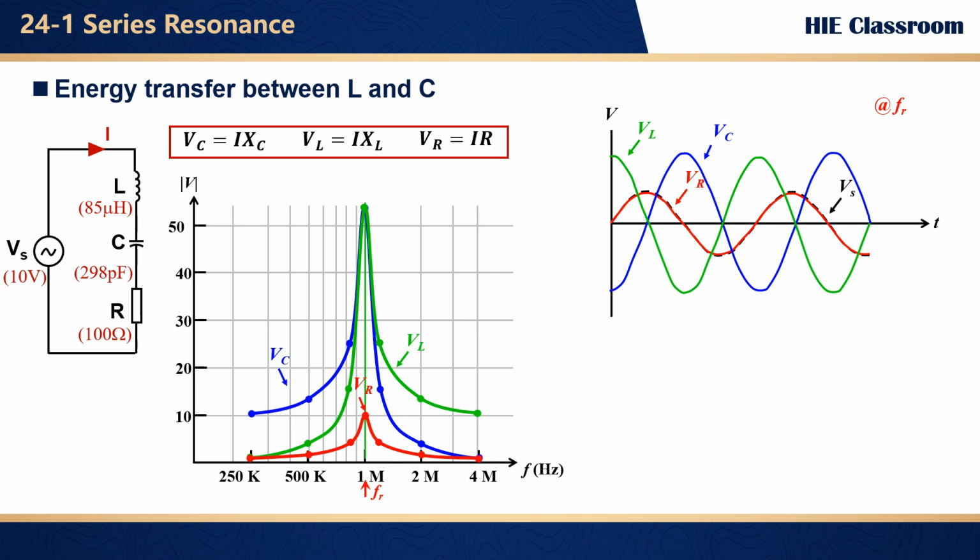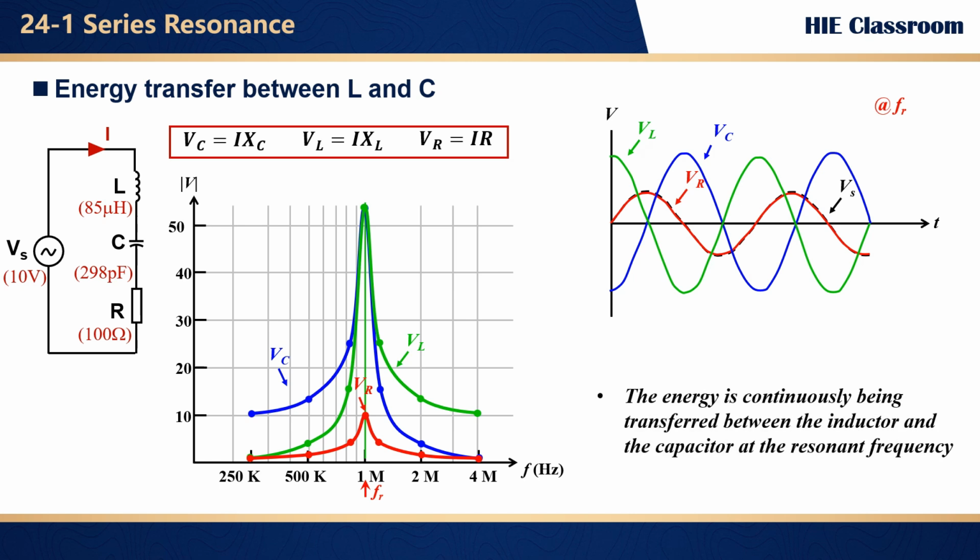What's all this telling us? There's energy bouncing around in these resonant circuits. Under resonant frequency, that energy is constantly bouncing back and forth between the inductor and the capacitor. The inductor stores energy in its magnetic field, then hands it off to the capacitor, which stores it in its electric field, and back again, like a game of hot potato.